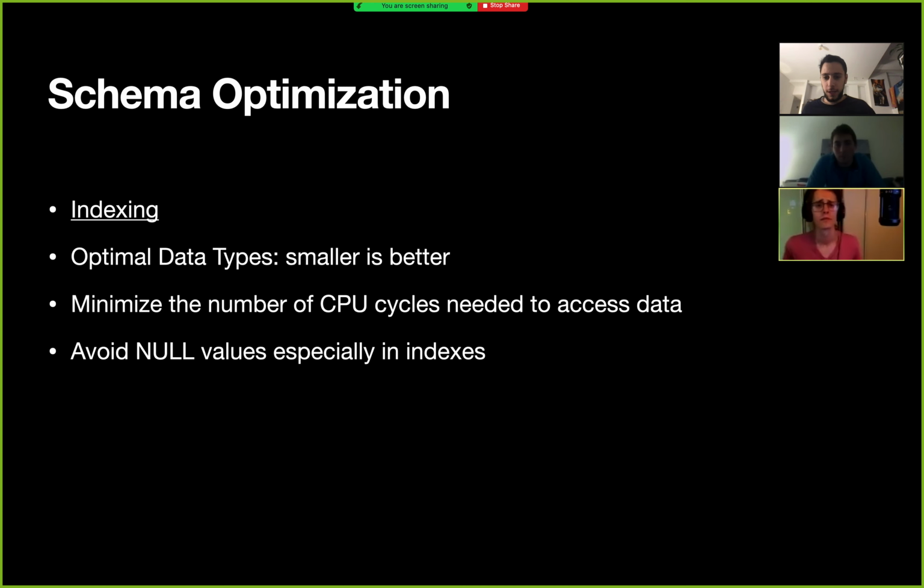Smaller is better in this case. I mentioned the idea before of a storage engine using up all the space available. And this tends to be the case, even in memory, right? If you say users can have 4 megabyte photos, then it takes up 4 megabytes regardless of whether they use that or not.